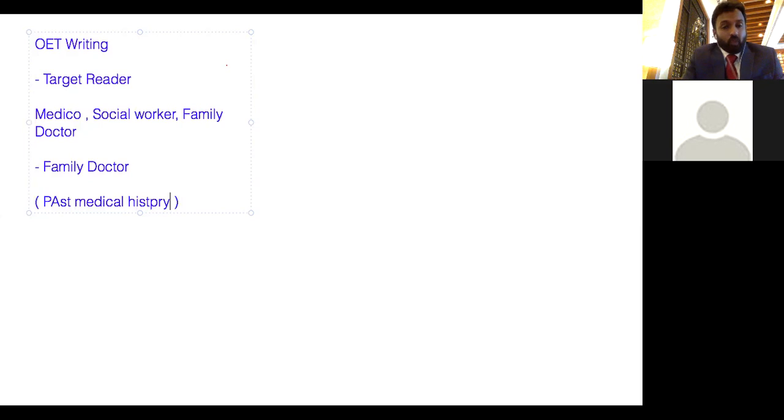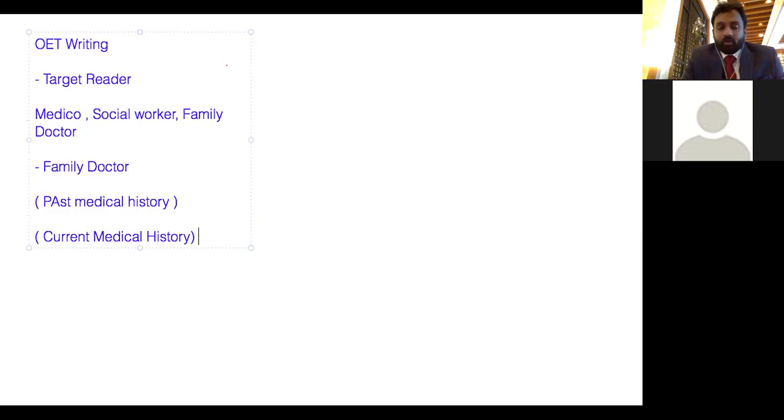But the current medical history, when the patient was there with you, he may not be aware of, which means the current treatment you have given and the current response the patient had. So you will be focusing more on the current medical history rather than the past medical history.